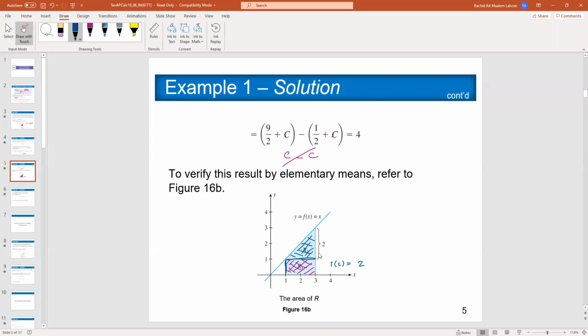And for this one here, the base is 2, so the area of the triangle is half the base times the height, which is 2. And that's going to be 2. If you add these, 2 plus 2, the total area is 4. And you can see that that's exactly the same as what the integral came up with.